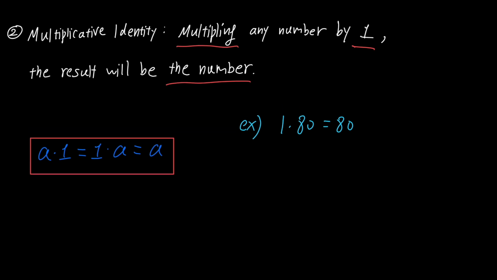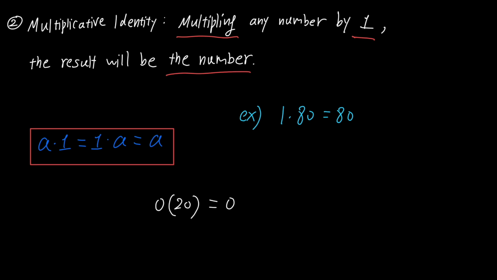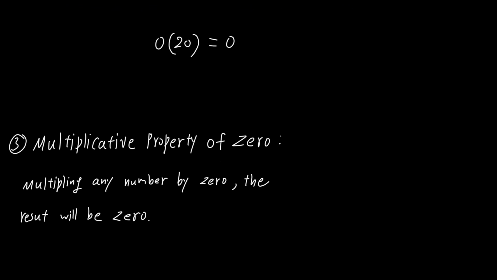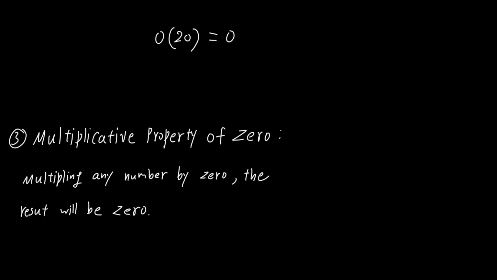And for the third rule, I want to use 0 times 20. It's still 0, right? So 0 times any number will still be 0. And we call this process the multiplicative property of 0, which means multiplying any number by 0, the result will still be 0.